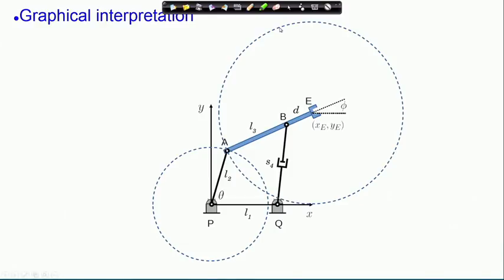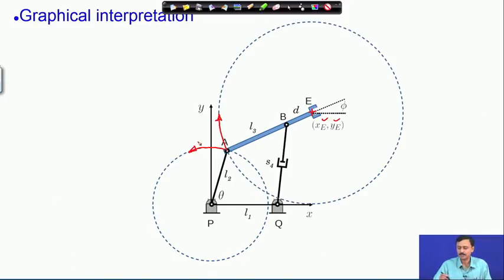So, let us understand this solution graphically. We have been given x e and y e. So, this point E is fixed. What is not fixed is this hinge A. On the end effector link, A can move on this circle. The hinge on the link L2 can move on this circle.